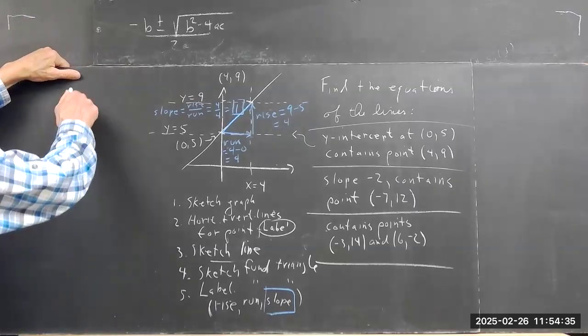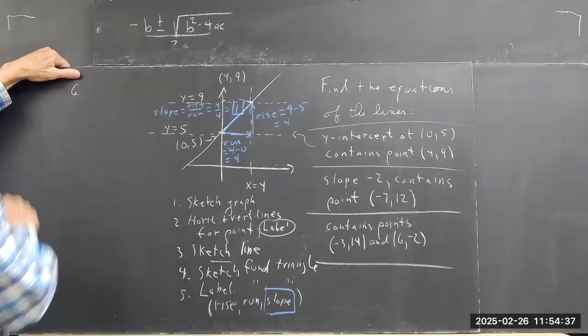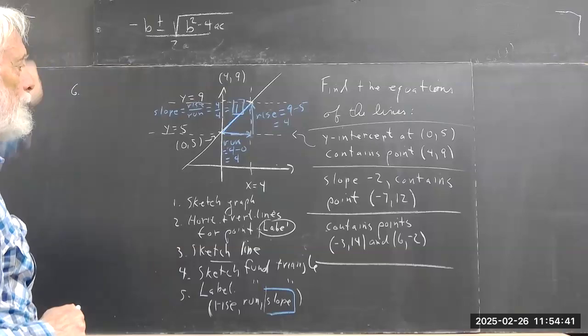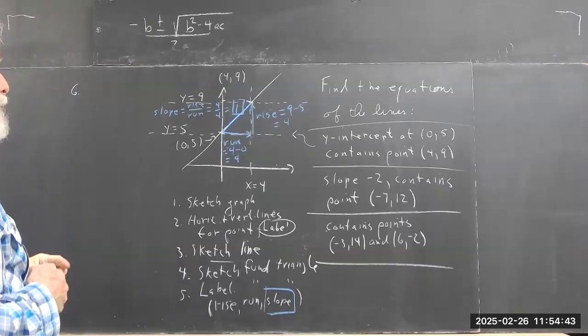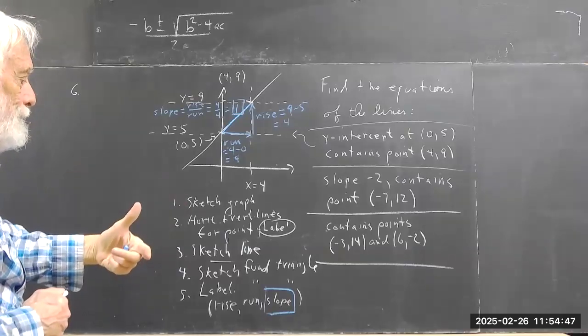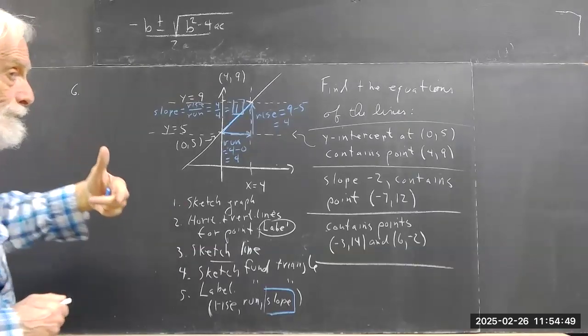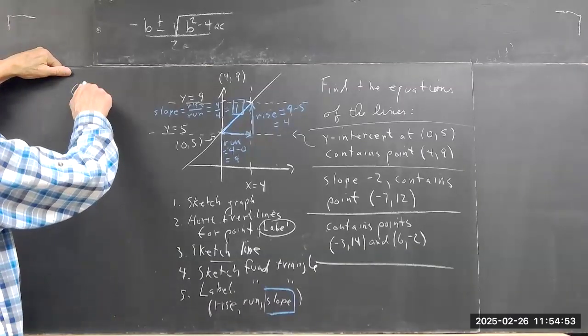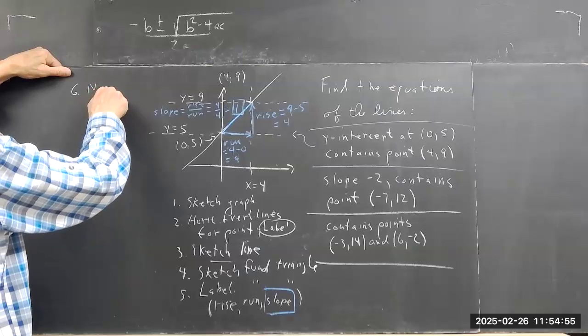So step 6: you have a point and a slope at this point, okay? So I'll say now you have a point and a slope.